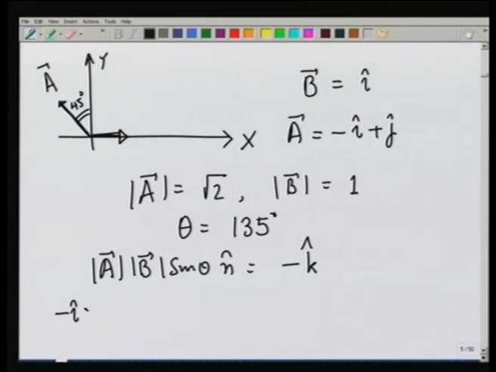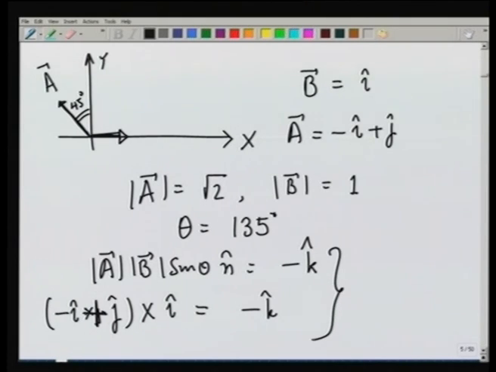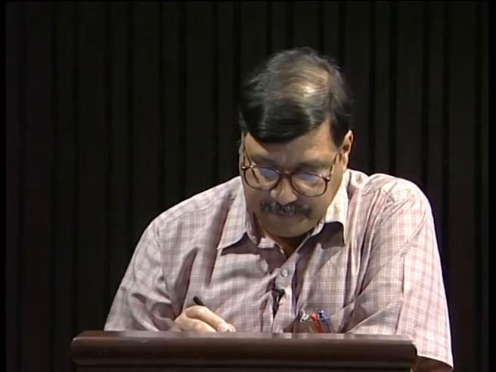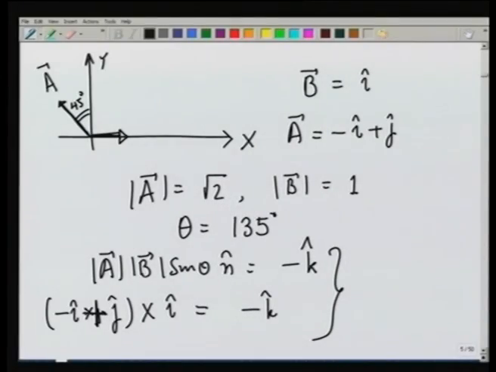In that case, A cross B would be minus i cross i plus j cross i. i cross i is 0 and j cross i is minus k. So, you see both give you the same answer. Now, I want to demonstrate to you that A cross B gives you a vector that is perpendicular to both A and B.